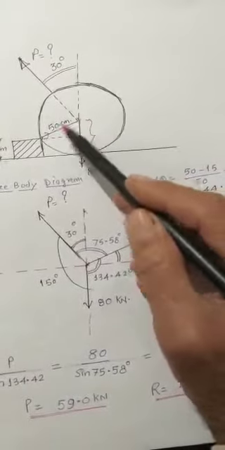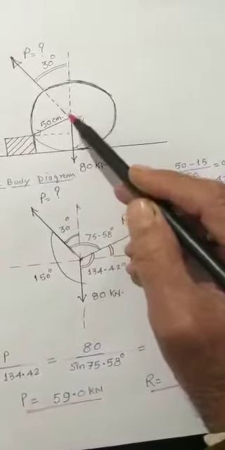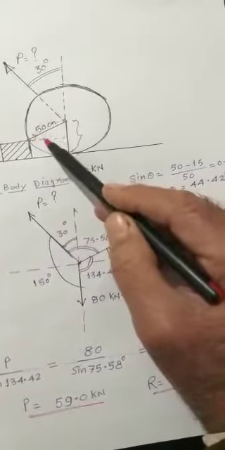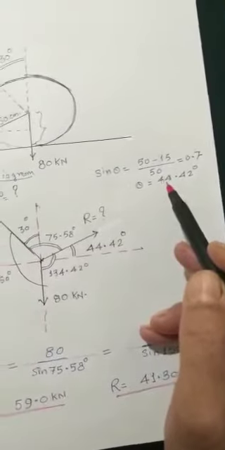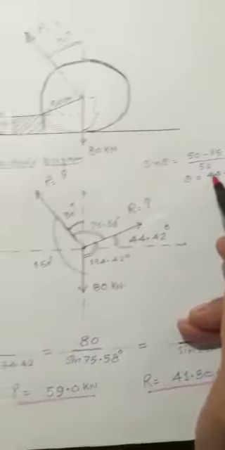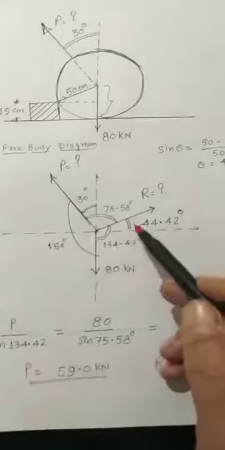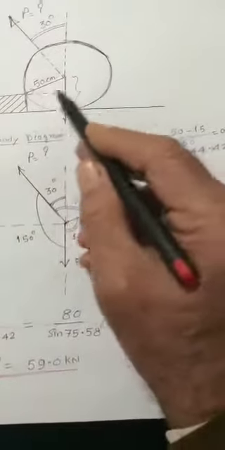Once you know this distance, you know this radius. So perpendicular upon hypotenuse will give you the value of sine theta, and it can be calculated as 44.42 degrees. Once theta is known, this is theta 44.42, which is going in this direction, making an angle with the horizontal.